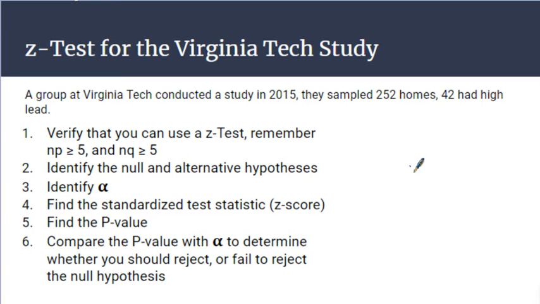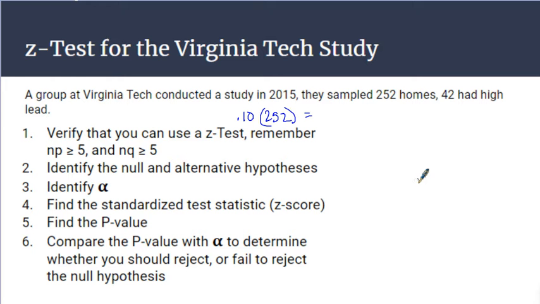Let's test that real quick. I'm sorry, we're going to use a probability of 0.10 because that was our P. We're going to multiply that times our sample size of 252.